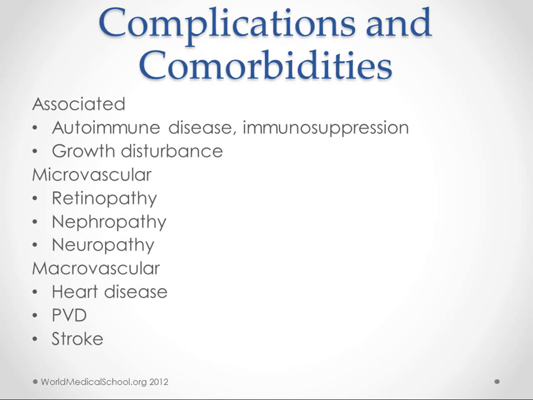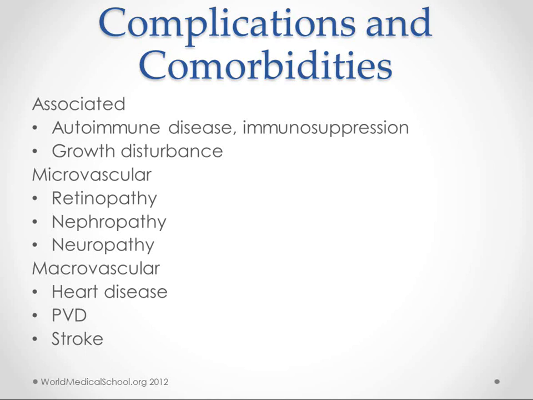Major complications that we're worried about are often caused by damage to the vasculature. And the major theories about why this happens include the idea that all this extra sugar basically sticks to other proteins. So you get these glycosylated end products that build up in tissues, cause inflammation and damage to vasculature.